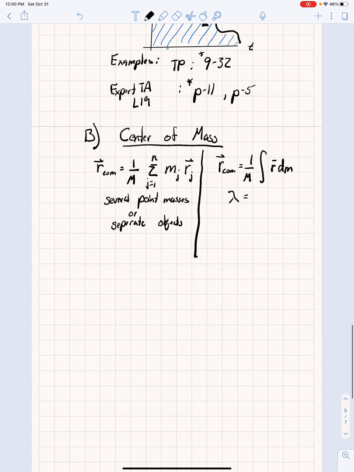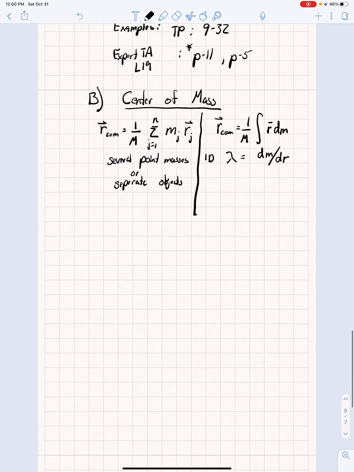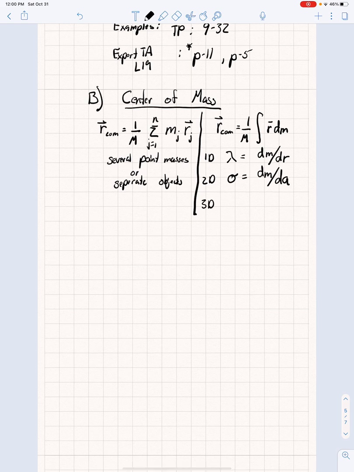So if it's one-dimensional, then I'm going to use a linear mass density and say that lambda is equal to dm over dr. If it is two dimensions, then I need to use sigma, which is my area density, equal to dm over dA. And if it's three dimensions, I use rho, which is my volume density, equal to dm over dV.